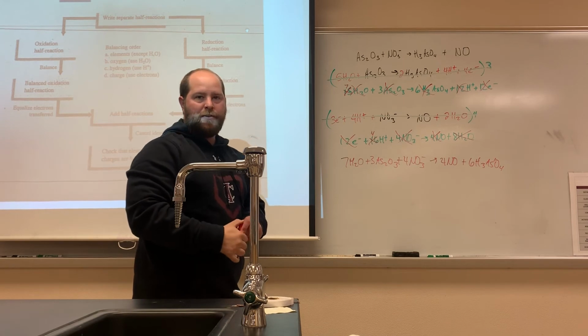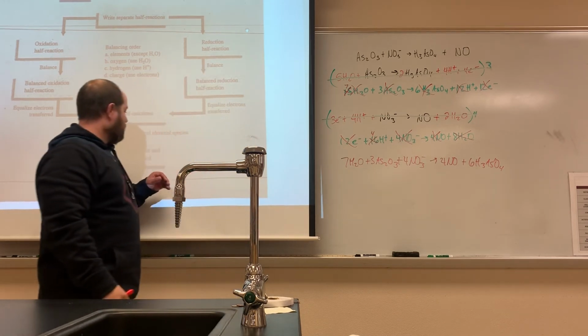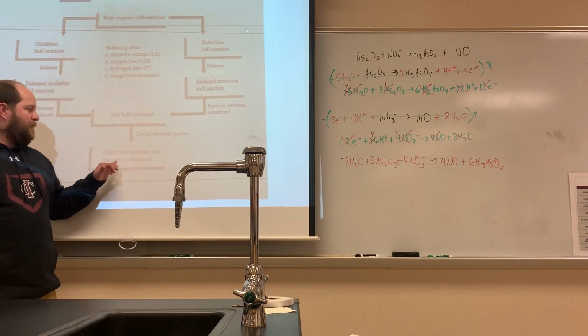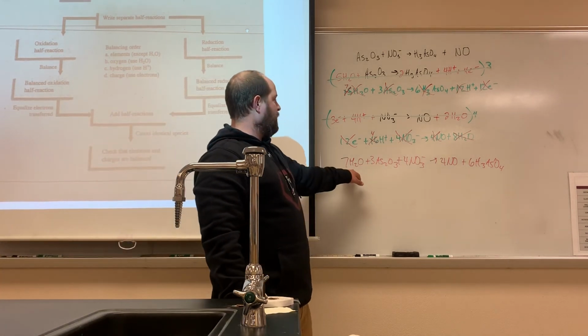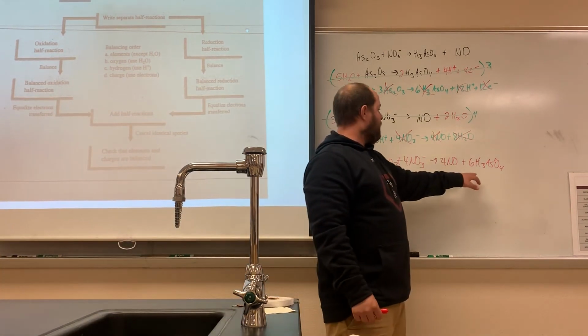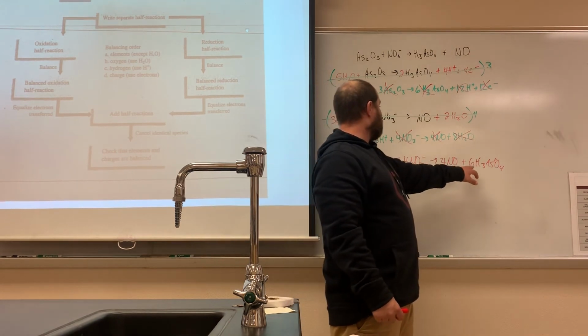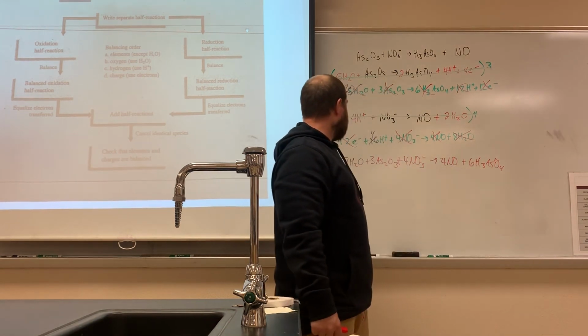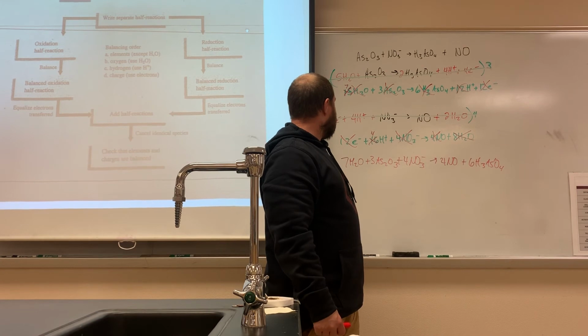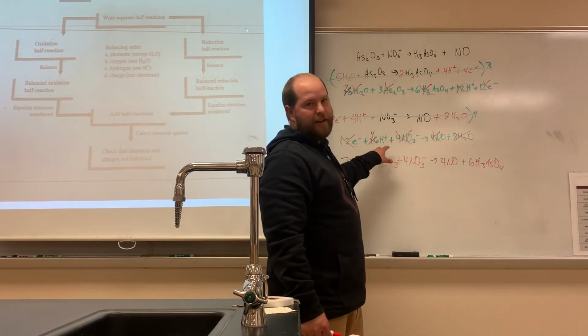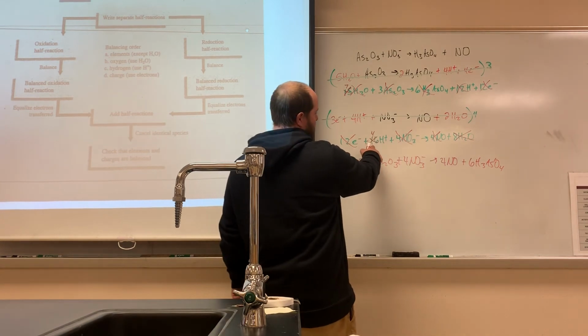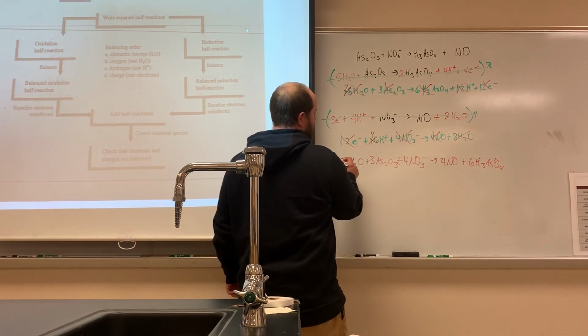So now what I'm going to do is I'm going to double check, right? I'm going to check that the elements and the charges are balanced. So I'm going to start with my elements. I got 14 hydrogens here. On this side, I got 6 times 3, which means 18. Let's see here. So, oh, I know why. I was just going to say, I crossed this off, but I did not transfer these down.